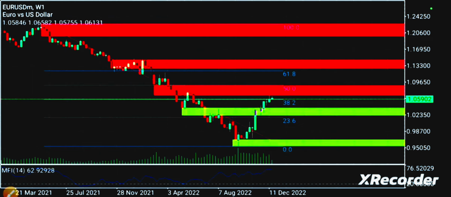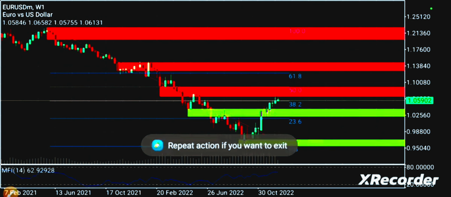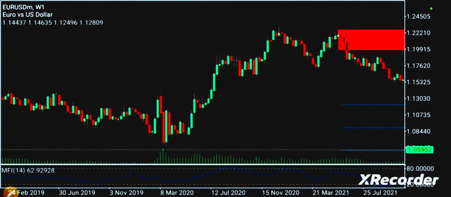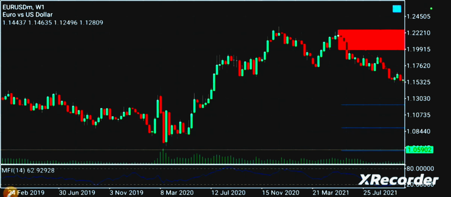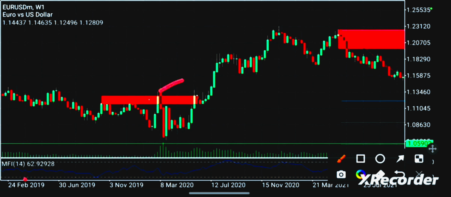The most commonly used way to plot these areas, let me show you an example of how people usually do this. People usually just find an area like this where there are two candles that are touching each other and where there's some resistance in that certain area.